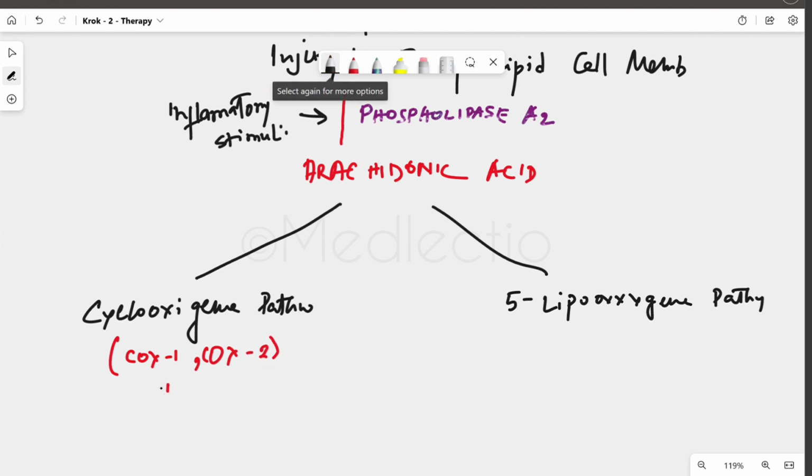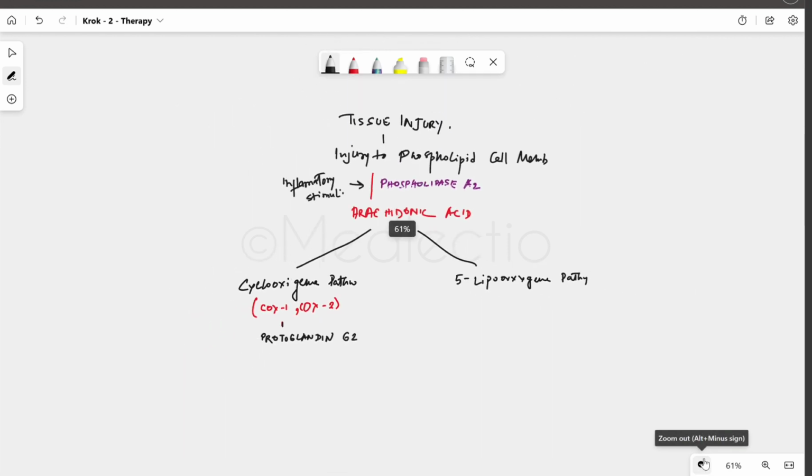Then formation of prostaglandin G2. Then prostaglandin H2.